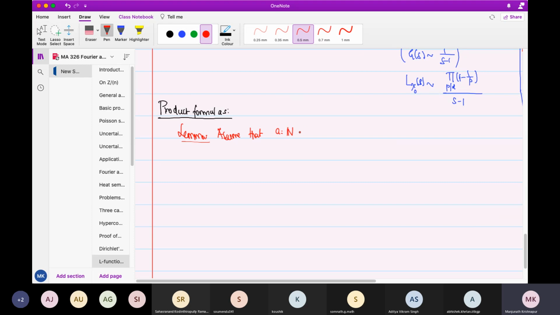A is a function from natural numbers to complex numbers. Let me assume it is bounded and completely multiplicative. We will apply it to characters, which are bounded anyway.